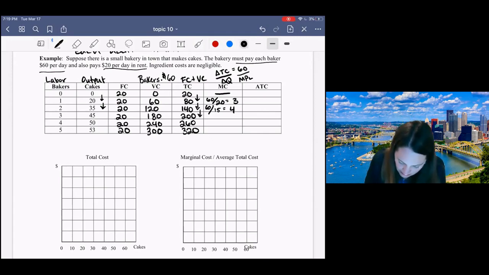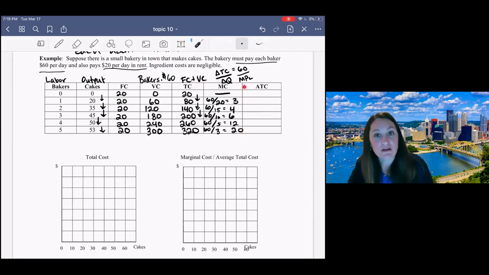I'm going to just keep doing that here as we go down the table. I've got now 60 divided by 10 is 6. 60 divided by 5 is 12, and 60 divided by 3 is 20.